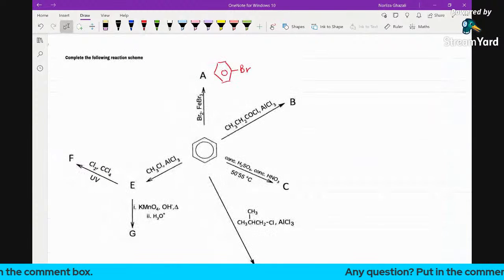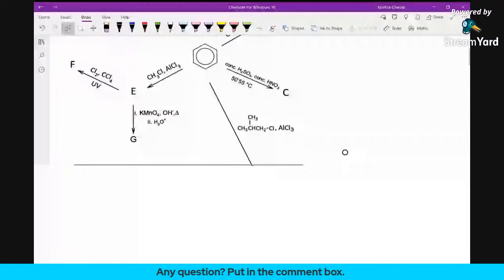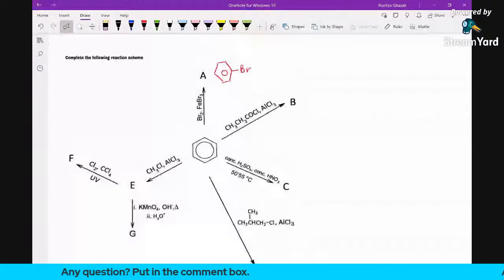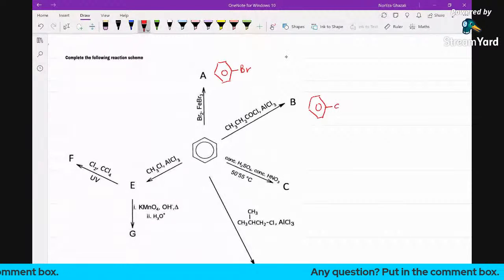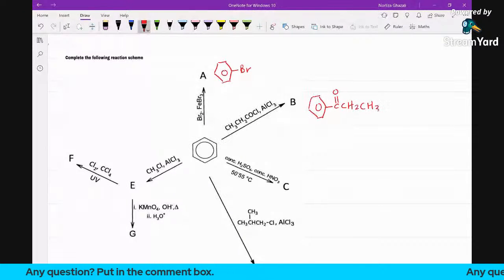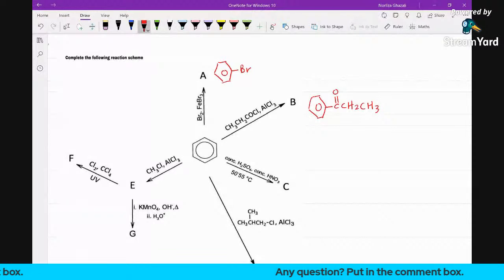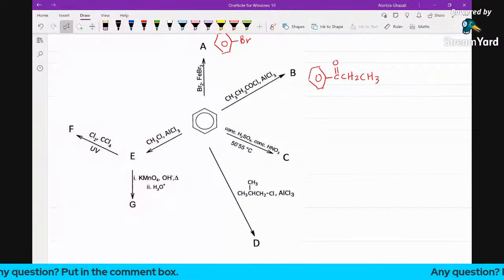So the product is C double bond O, and then CH2CH3. Then reaction to produce C: benzene with concentrated nitric and sulfuric acid.